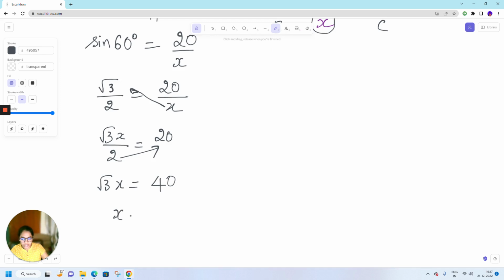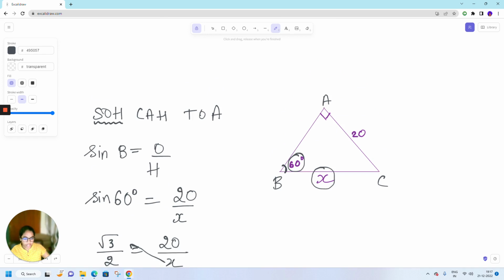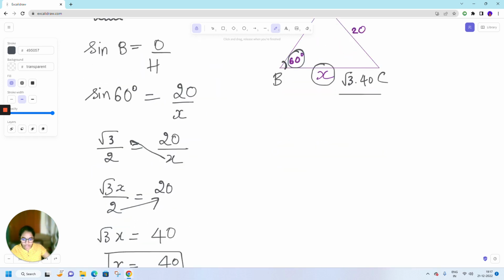So x is equal to how much now? 40 divided by root 3. This is the value of x. So the value of BC is 40 divided by root 3.